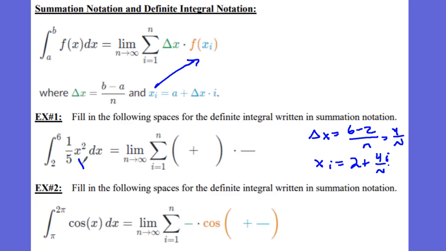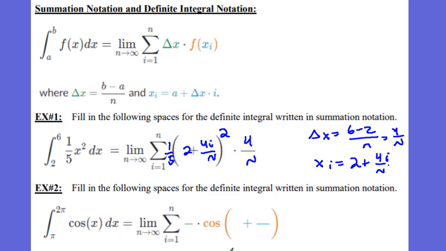You can see my function here is 1/5 x squared. I'm going to put this 1/5 right here, and my function is x squared, so this squared. And the xi goes into that function, so 2 plus 4i over n. And what do we then multiply that by? Your delta x, which is 4 over n. And so that would be your summation notation right there.